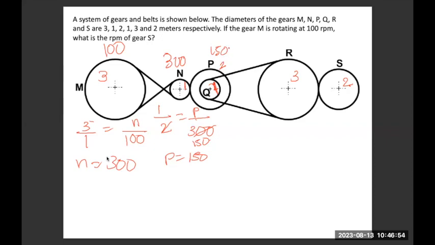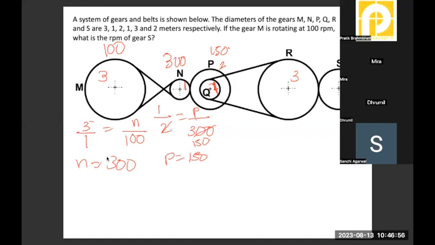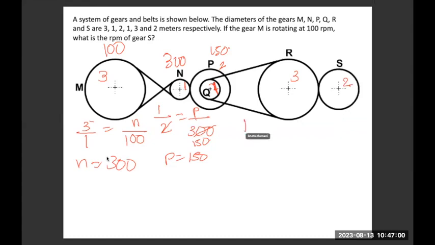If Q is 150 and it is proportionately related to R, it is connected to R, which means Q's radius 1 upon R's radius 3 will be equal to R upon 150. This will cut 50, so R is 50. R's speed is 50.